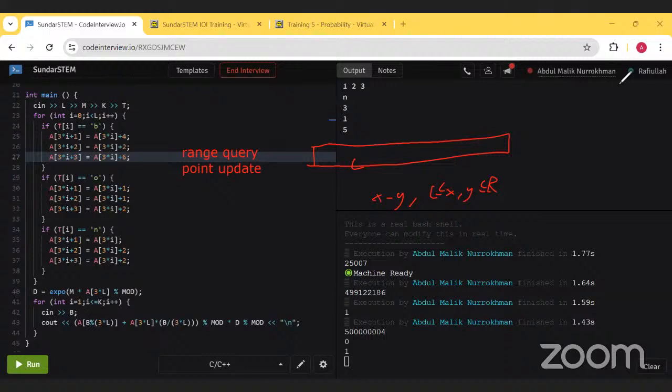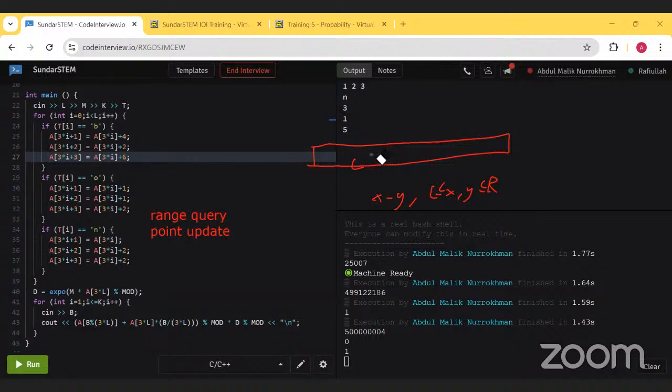And then we also can update a point, so we can edit this into another value, let's say from 5 into 8 and so on. That's still point update, not range update.